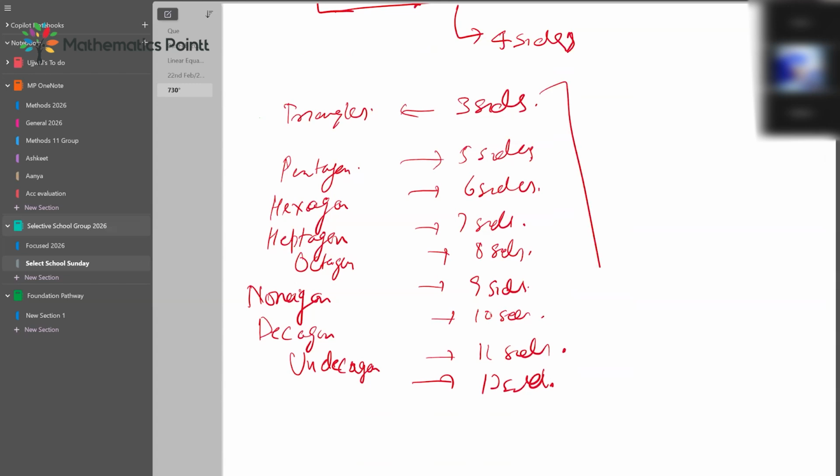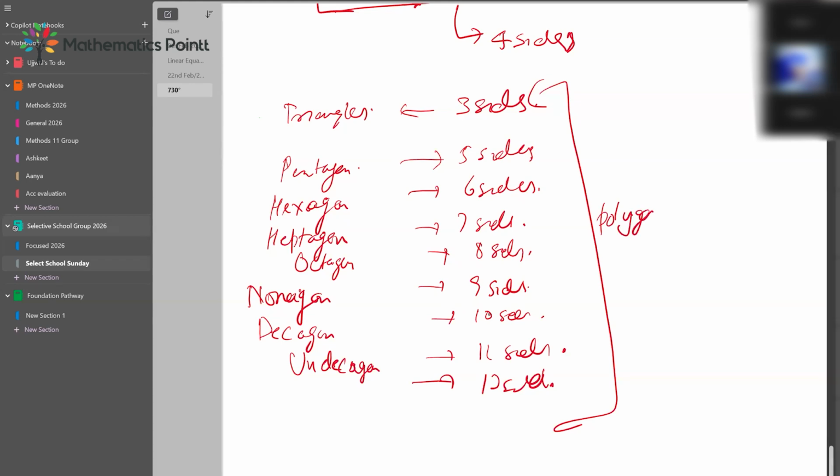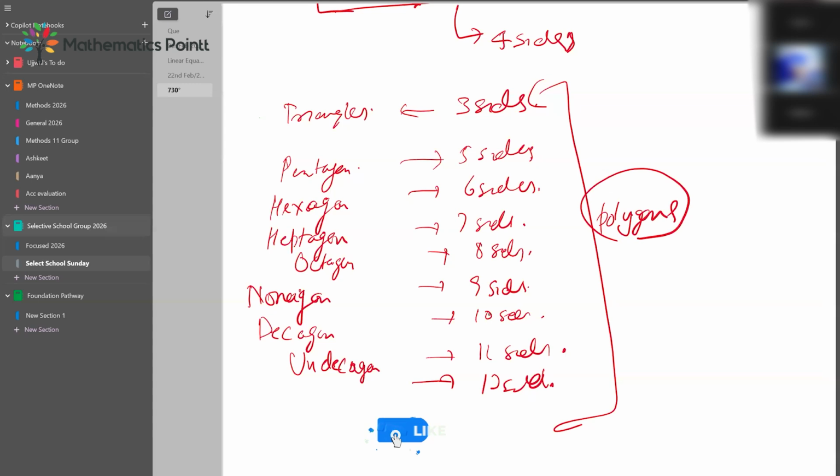So all of these are combined called polygons. They're all polygons, right? There's one combined name that's called polygons. Now, all of them have different measures of the sum of the angles.